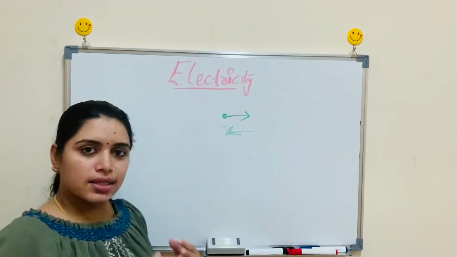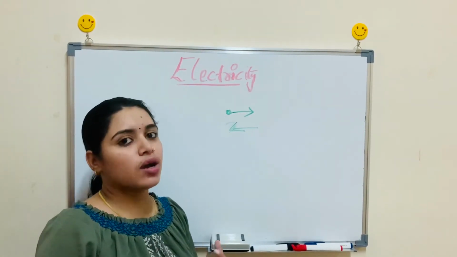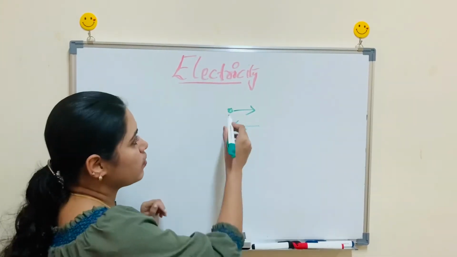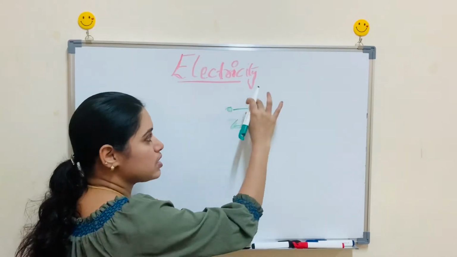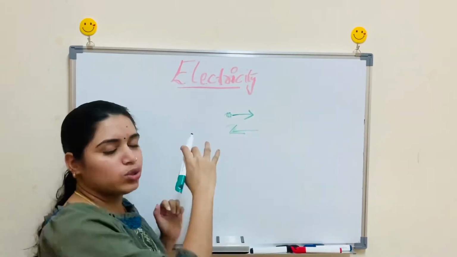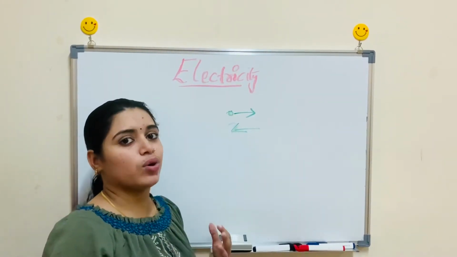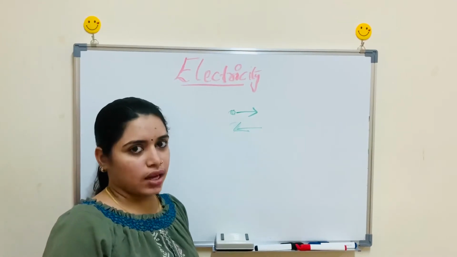We know that the flow of electrons constitutes the electric charge flow and that constitutes the electric current. If the electrons are flowing in this direction, then the current is flowing in the opposite direction. That is, the direction of current is just opposite to that of the direction of electron flow.